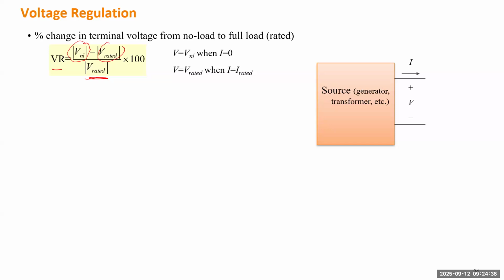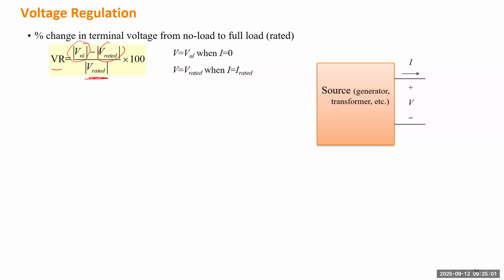Those two values are supposed to be the same, right? For an ideal source, it doesn't matter how much the load is, the voltage should be about the same. So for the ideal source, the numerator should be around 0, which means 0 voltage regulation means an ideal source.